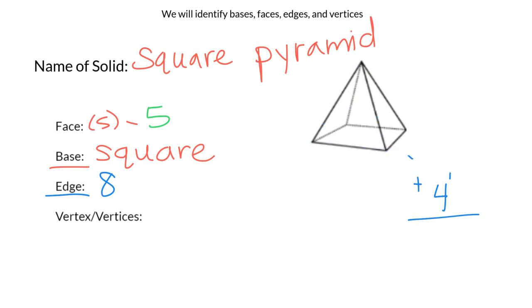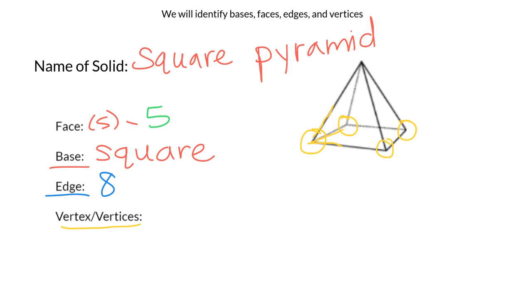I'm going to erase that. And then lastly, we're going to count our vertices. Remember, vertices are where 3 or more edges meet. So for example, there's an edge, there is an edge, and there is an edge. 3 of them come together. We count that as one vertex. 1, 2, 3, 4.